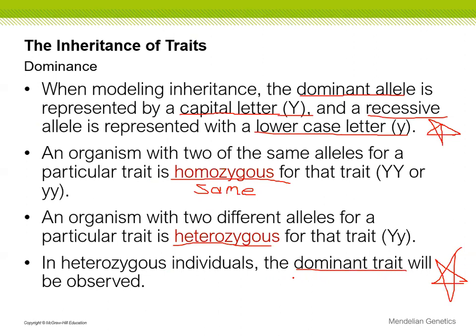This is why everyone in the room has brown eyes and brown hair. Those are dominant genes. So again, the key things here are, what does the capital mean? What does the lowercase mean? And in heterozygous individuals, ones that have a mix of those traits, the dominant one is observed.